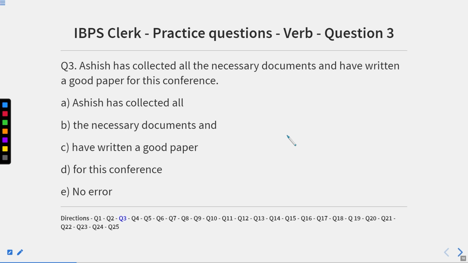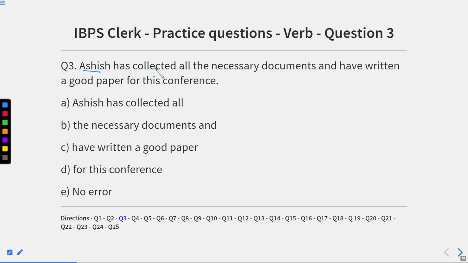So what we need to do is first find out what the subject is, and a subject is a person or a thing that does the action or which we are talking about. So the doer of the action, or the person or thing we are talking about, is known as the subject. So in this sentence we see that Ashish has collected.